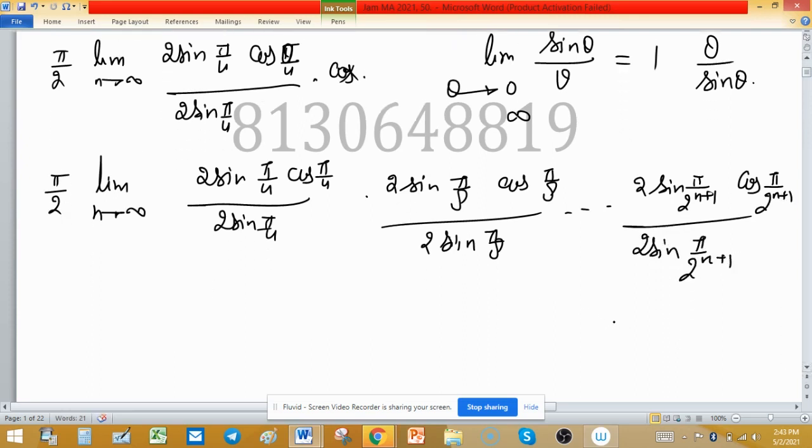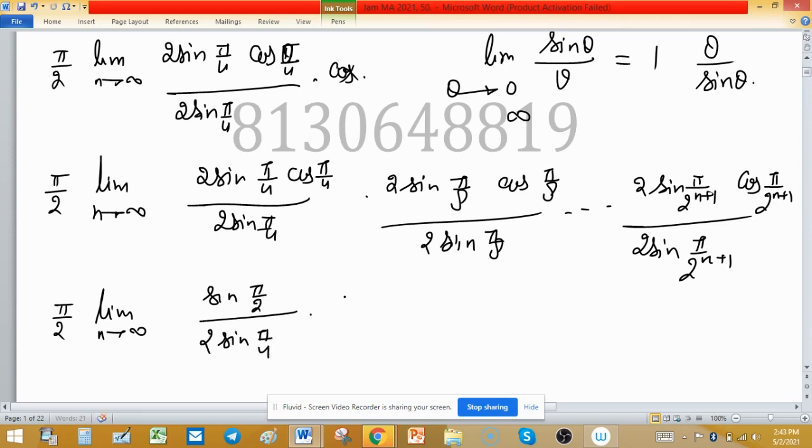In the numerator, we have 2 sine theta cos theta equal to sine 2 theta. So pi upon 2 limit n tends to infinity, the expression we have is sine pi upon 2 and in the denominator 2 sine pi upon 4.